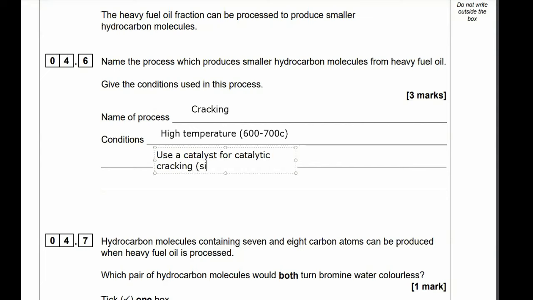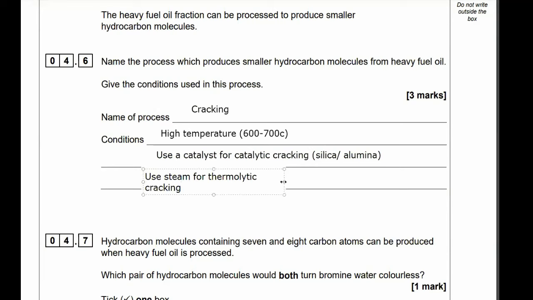The catalyst we use is alumina or silica, aluminium oxide or silicon dioxide. And the temperature is very high, between 600 and 700. You can use steam if you do thermal cracking, which is a different type of cracking, and you don't do catalytic cracking. Okay, those are your conditions, including for the two different types of cracking.